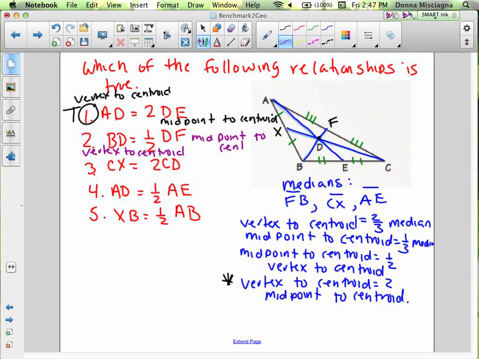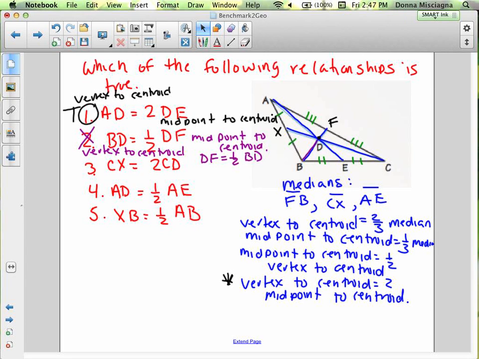Oh, but that's not right. This part here is not half of DF. It's the other way around. It's twice DF, or DF is half of BD. It would be correct to say DF is 1/2 BD, but it's wrong the way it's listed here.